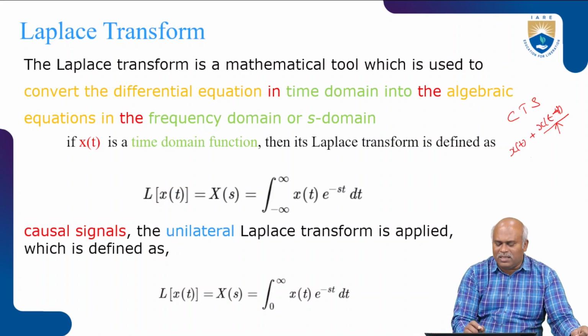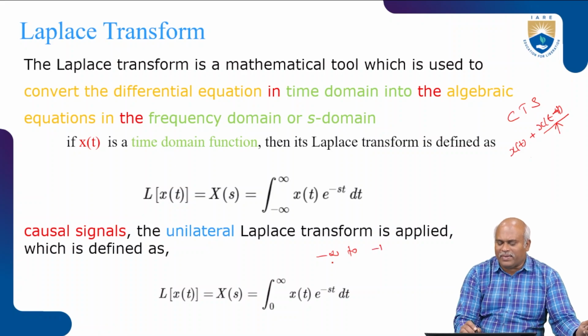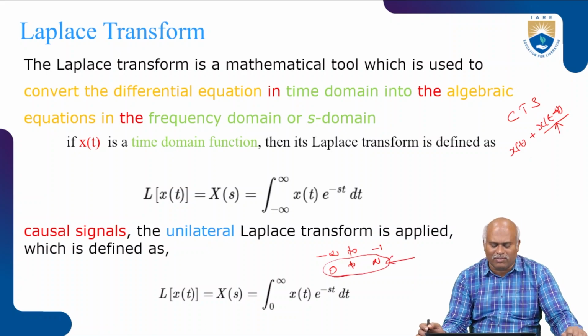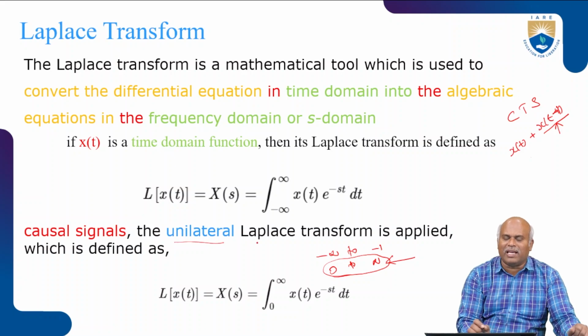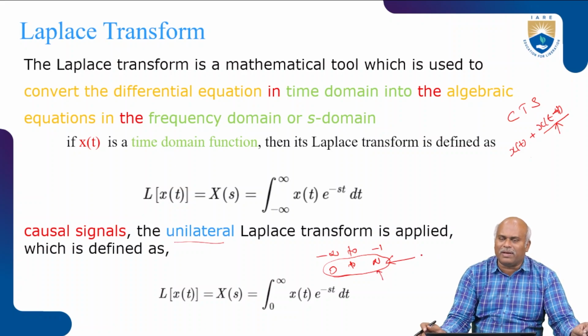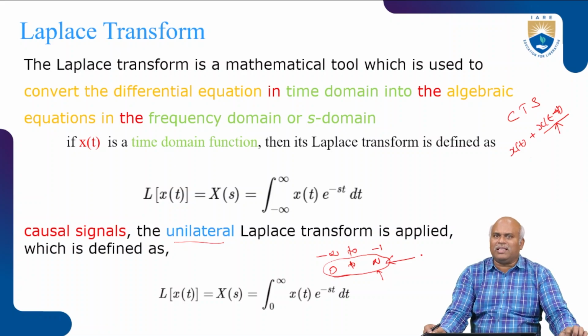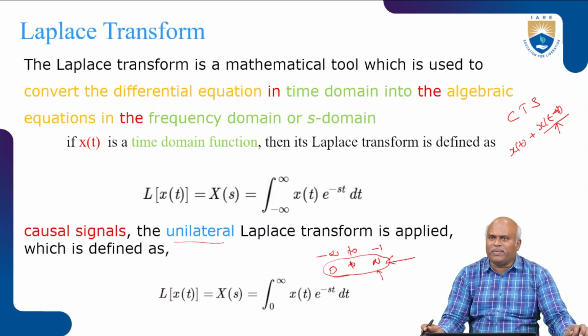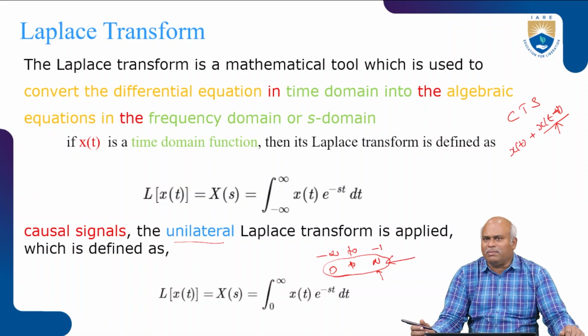This means there are no terms present in the negative direction, from minus infinity to minus 1. It is present only from 0 to infinity. That's why it is called unilateral. At the same time, the causal signal doesn't have future values, only the present and the past values.